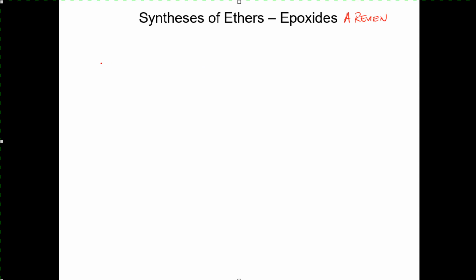So if I take my carbon-carbon double bond, and I want to convert that into the epoxide, I'm kind of looking at it on its side now. What reagent would I use for that?